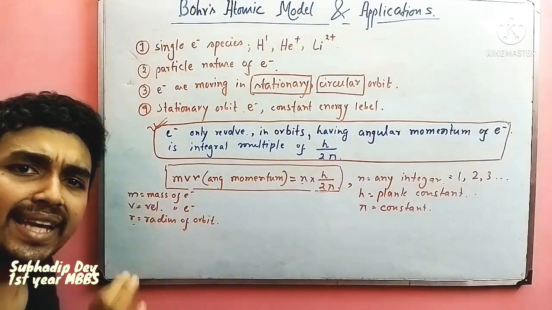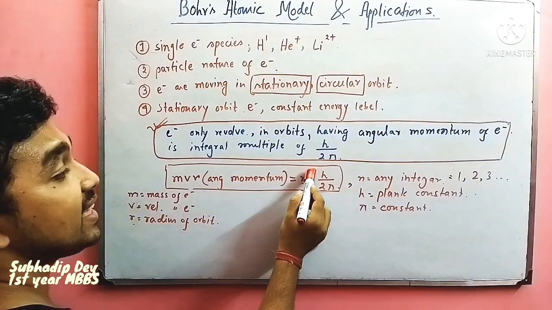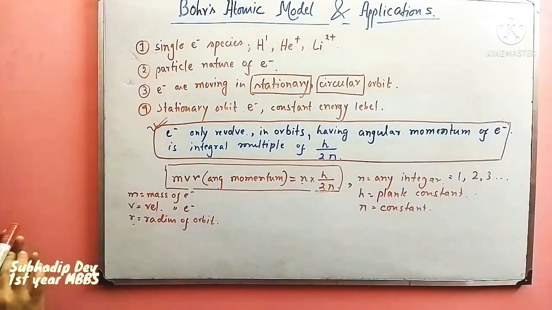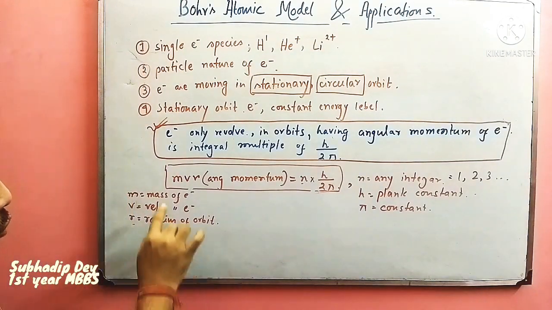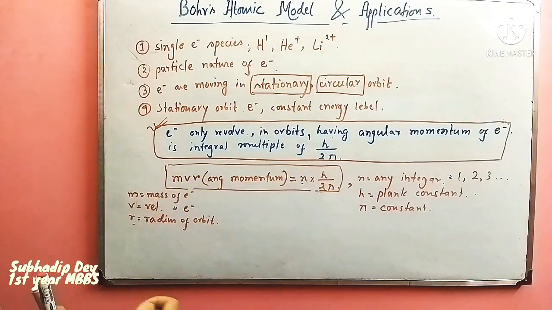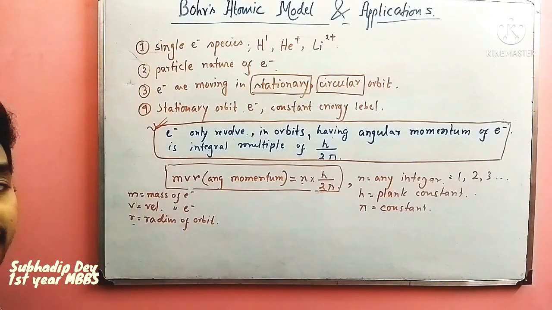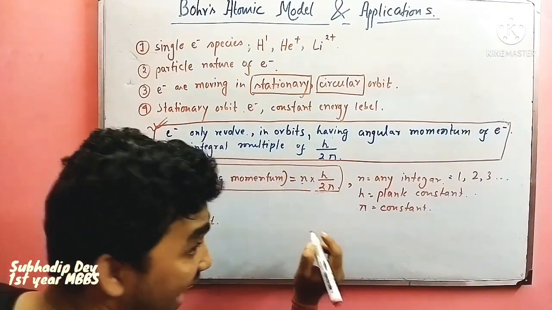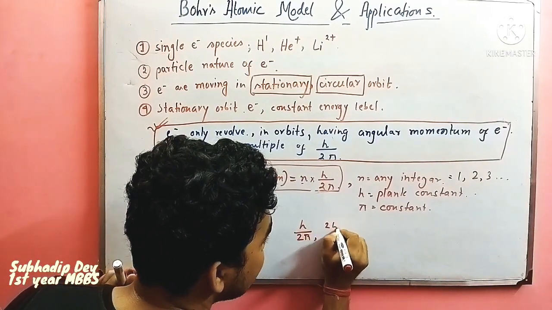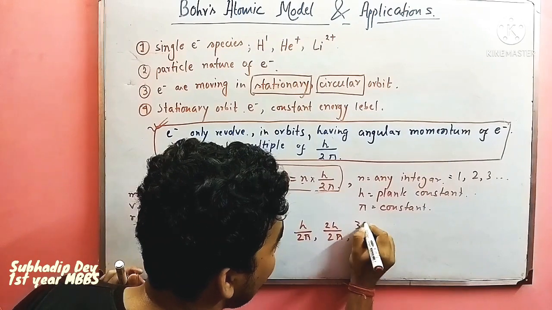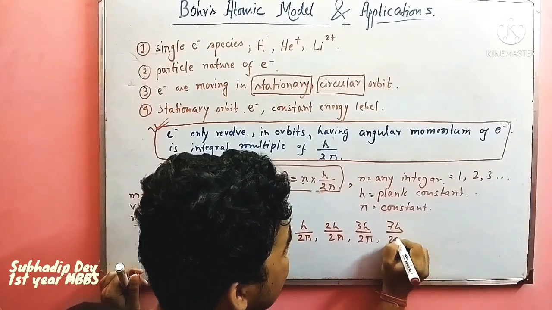That means any electron moving in a specific orbit n has a specific and fixed angular momentum. From this you can conclude that the angular momentum of an electron can have values like h by 2 pi, 2h by 2 pi, 3h by 2 pi, 7h by 2 pi, any integer in the place of n.